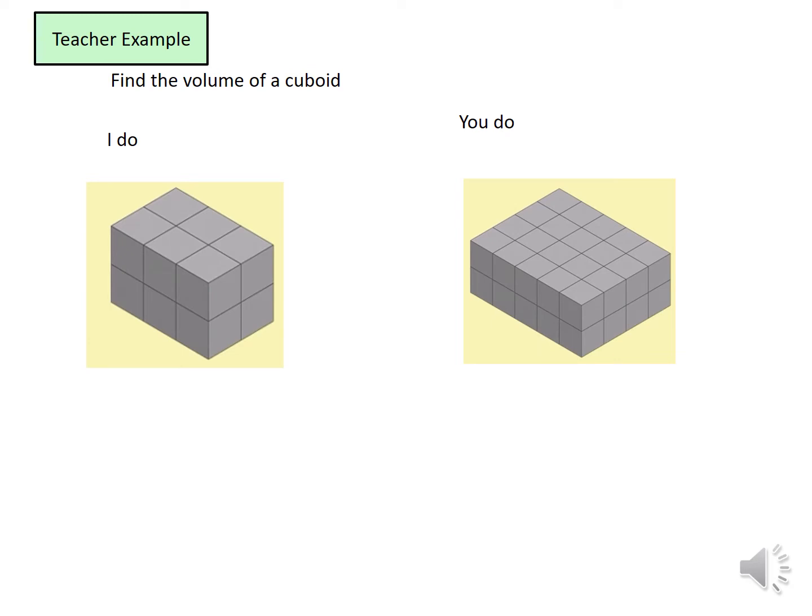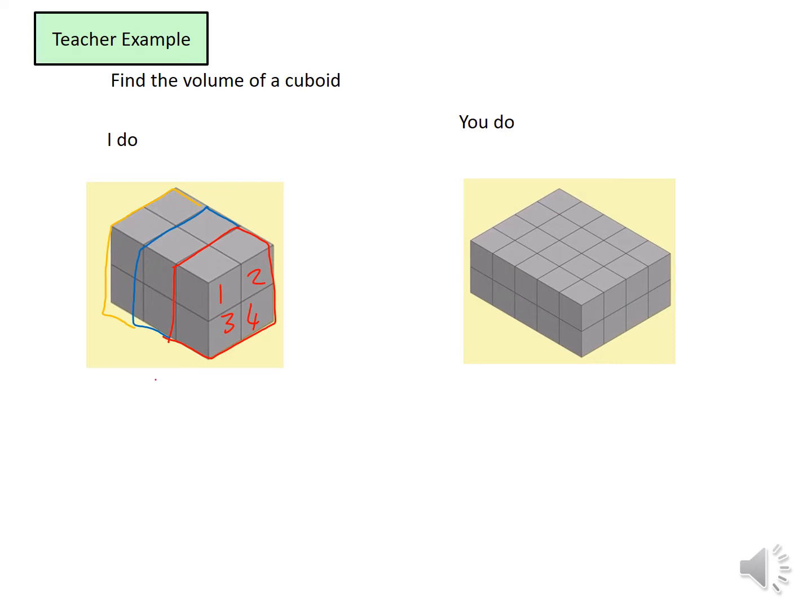Okay, so we're going to use something very similar to the last slide, and I'm going to go through a quick example on how to calculate the volume for the cuboid on the left hand side. So let's count how many of these smaller cubes fit into the larger cube. We have 1, 2, 3, 4. In this section here we have 4 cubes. Now we also have another section here which also has 4 cubes, and then finally we have a section here that also has 4 cubes.